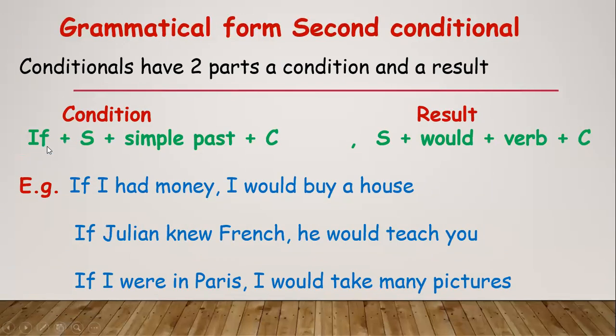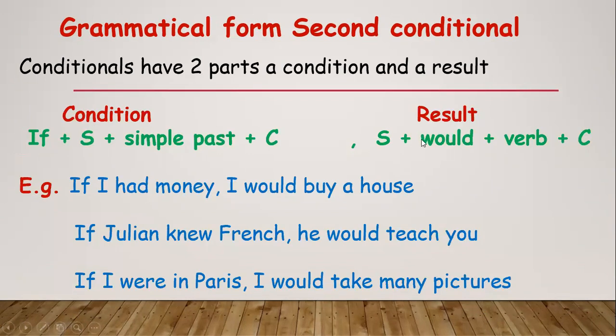The condition always needs to have the word if at the beginning of the sentence. Then the subject or the pronoun: I, you, they, we, Maria, Santiago, the school, right? Then we have the verb in simple past, and then the complement.